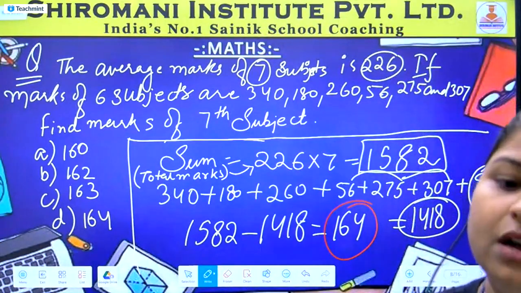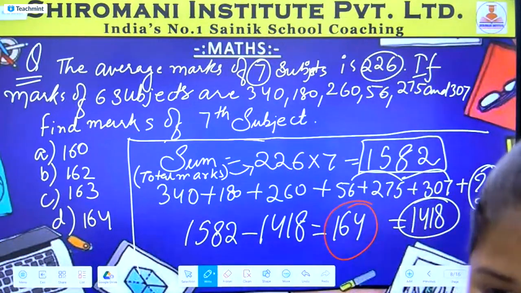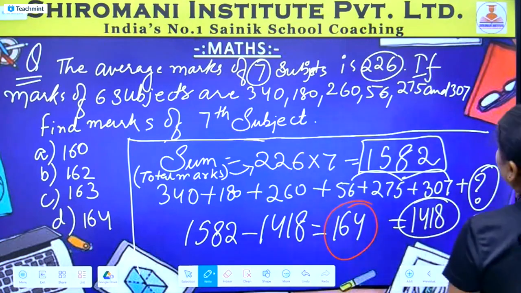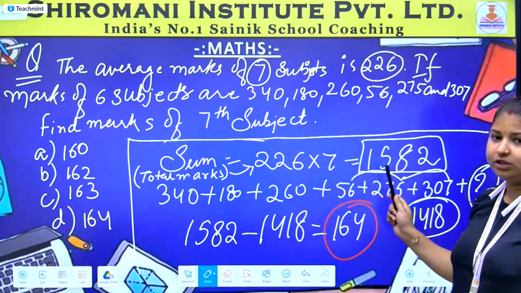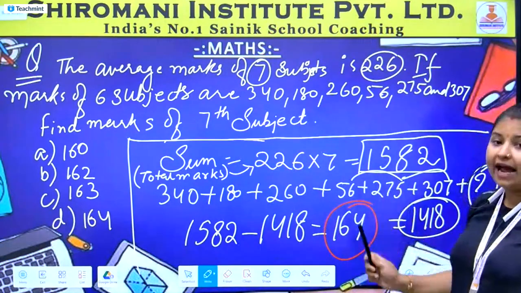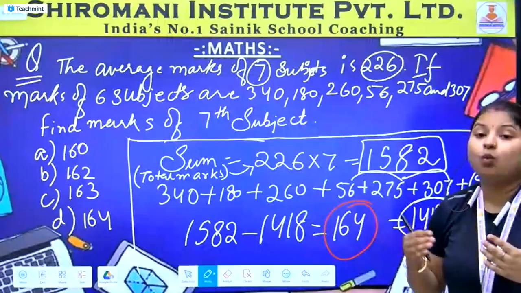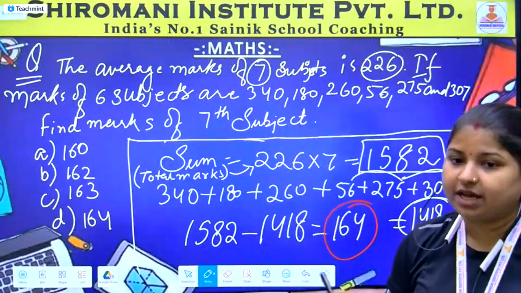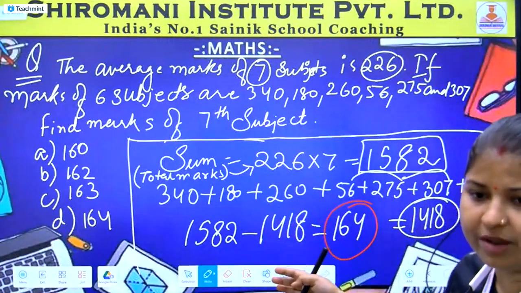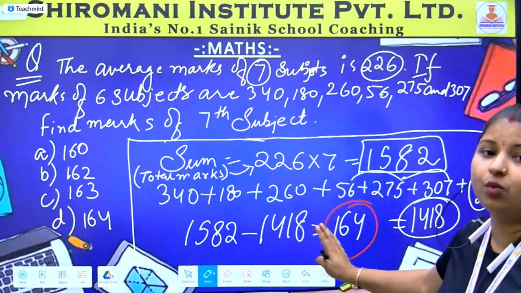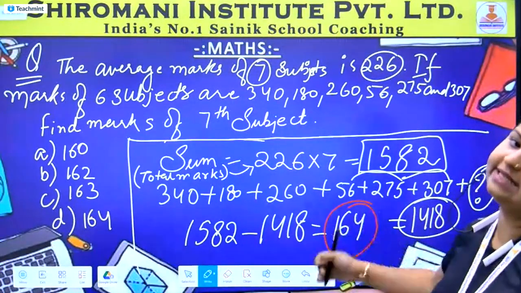I shall get 1418. And now, if total marks is 1582 and marks of 6 subjects is 1418, what is the marks of the 7th subject? I shall subtract both of them. 1582 minus 1418, I get 164.